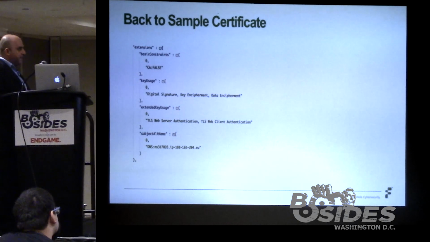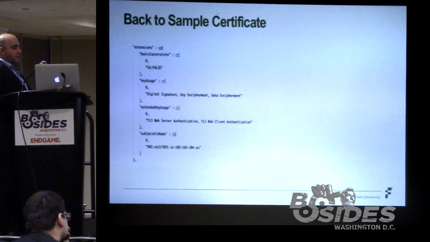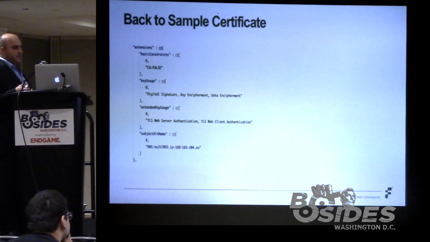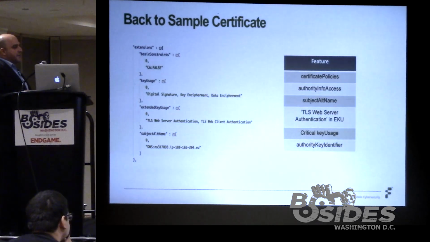We go back to the sample cert that I showed at the beginning, and we look at the extensions, since we saw that the extensions have a particularly high importance. These are the features from the extensions that have high importance, and we look at them in this cert. Certificate policies, it's not present here. It should be present, usually.